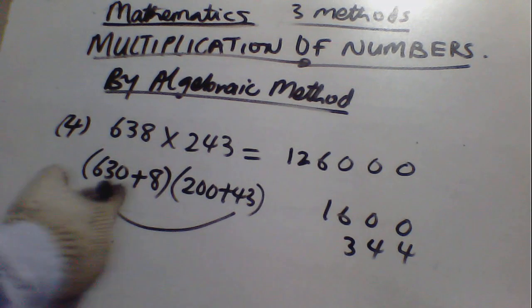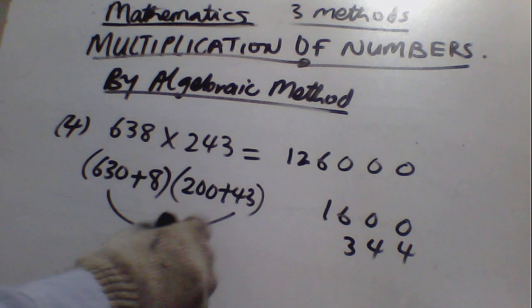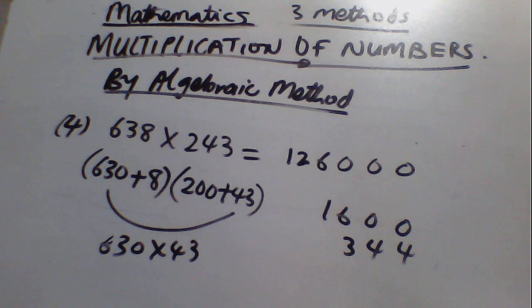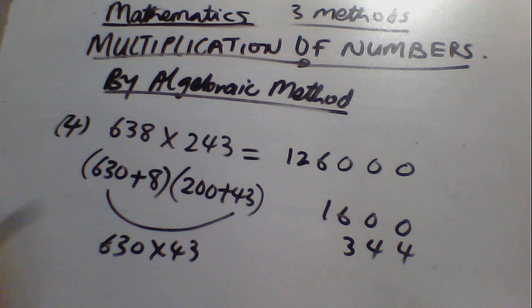The next is to return to this major operation, that is 630 times 43. Here again you can still perform the multiplication using the same method we are using on this subset.